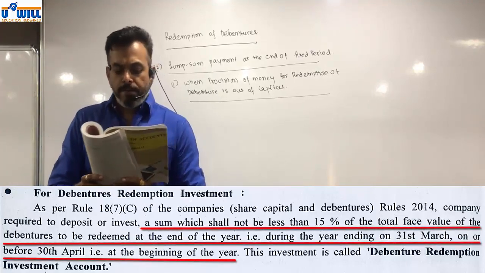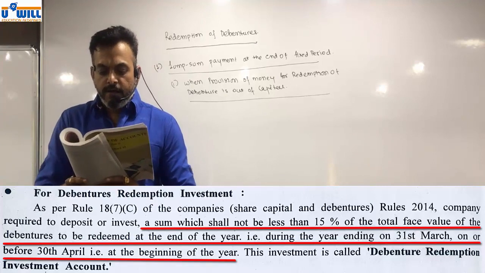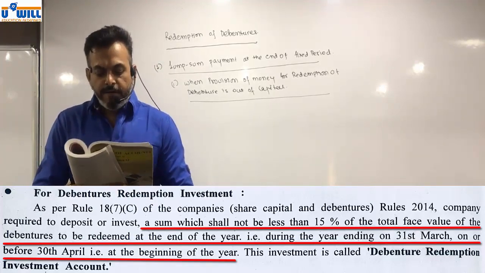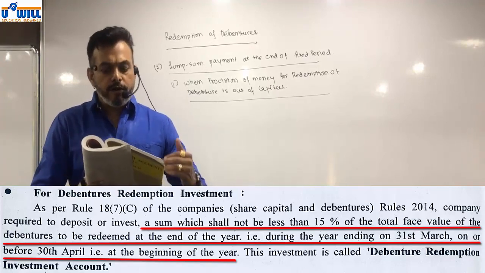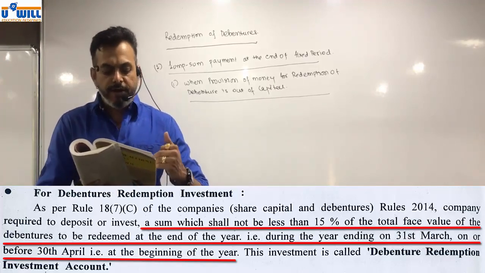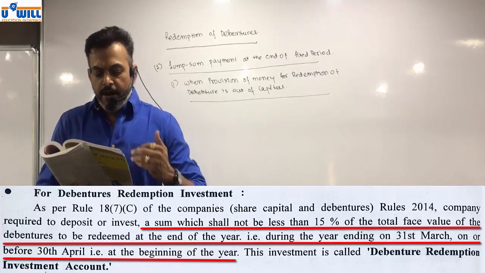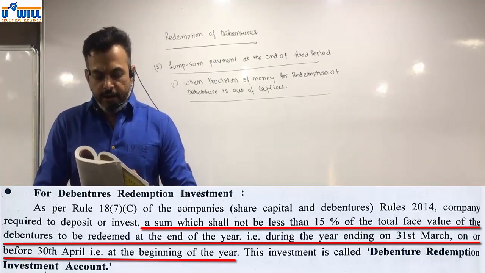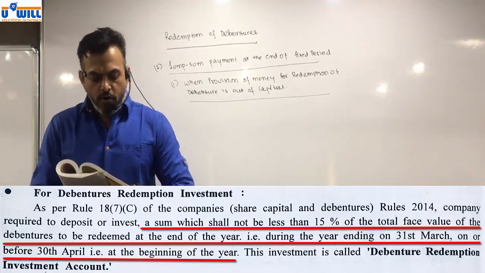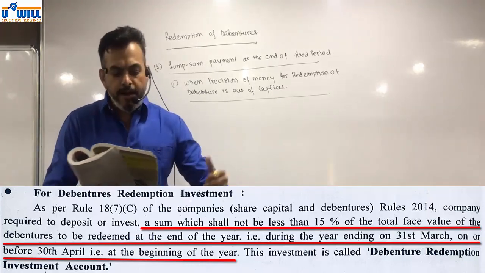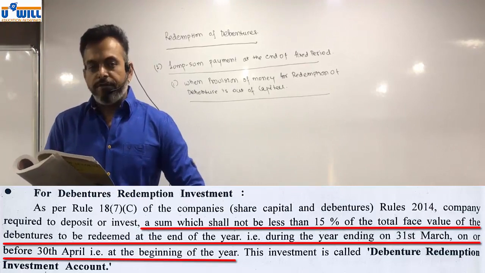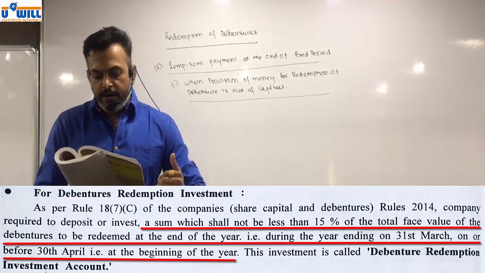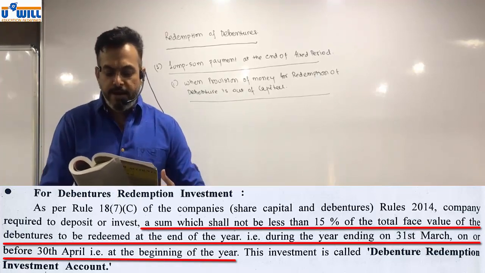Company is required to deposit or invest a sum which shall not be less than 15% of the total face value of the debentures to be redeemed at the end of the year, that is, during the year ending on 31st March, on or before 30th April, that is, beginning of the year. This investment is called debenture redemption investment account.